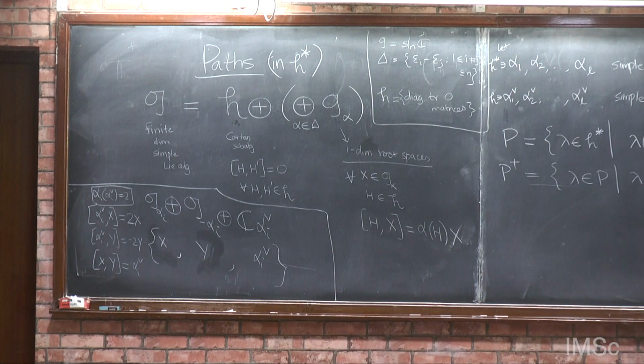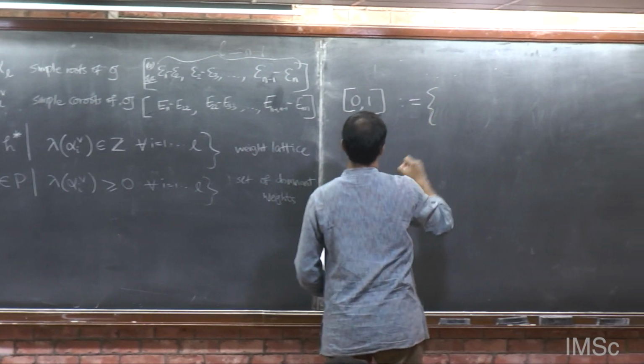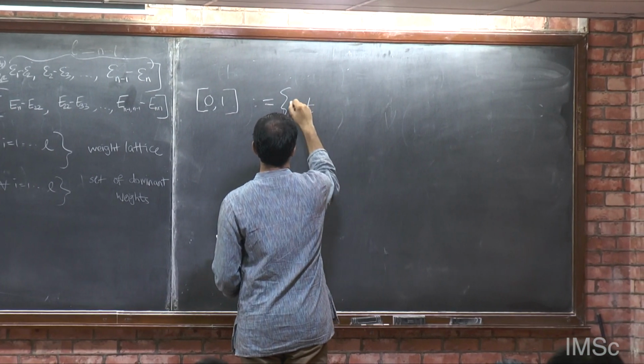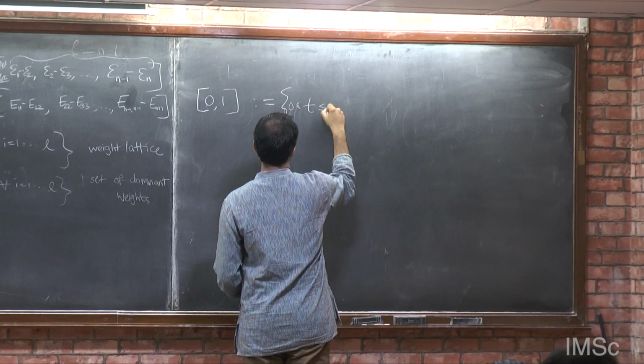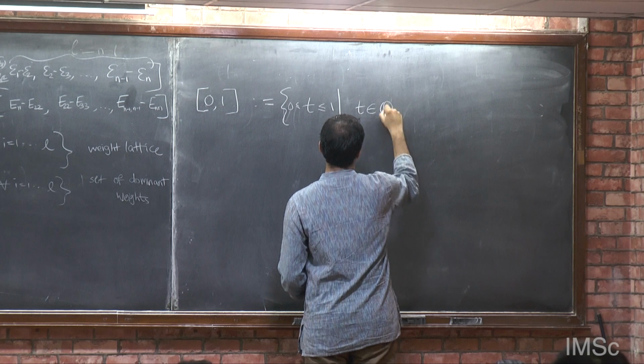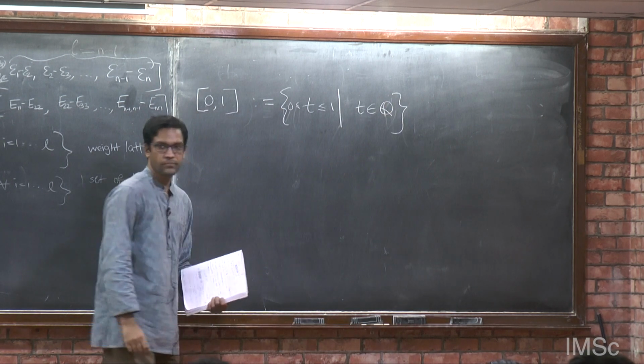So let's consider the interval [0,1], but for pretty much everything we'll do, it's not necessary to look at all the real numbers. We'll only restrict ourselves to the rational numbers in the interval [0,1].